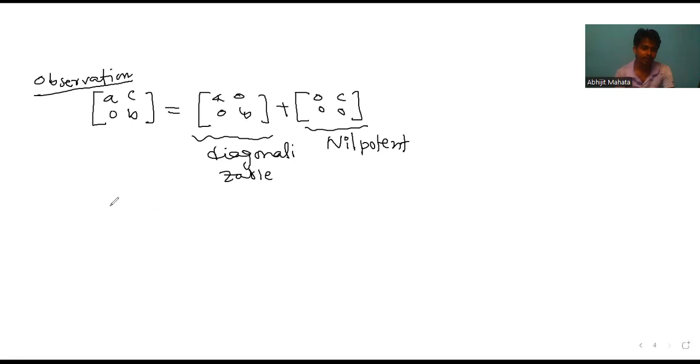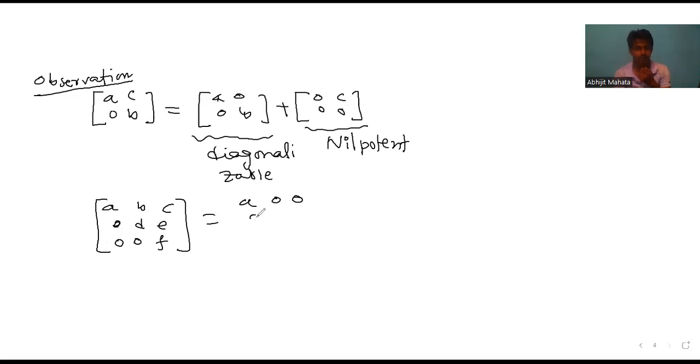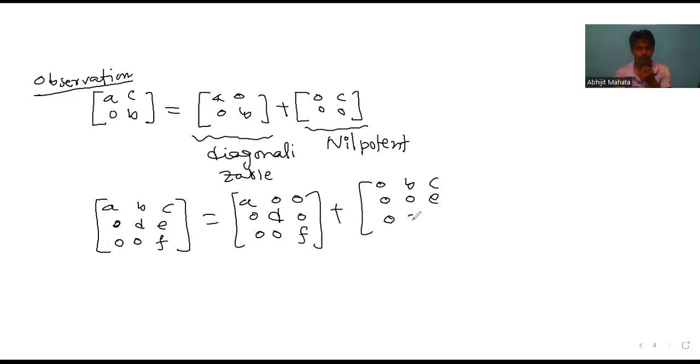Now take a 3 by 3 upper triangular matrix with rows A, B, C; 0, D, E; and 0, 0, F. You can also write it as the diagonal matrix with A, D, F on the diagonal, plus the matrix with rows 0, B, C; 0, 0, E; and 0, 0, 0.